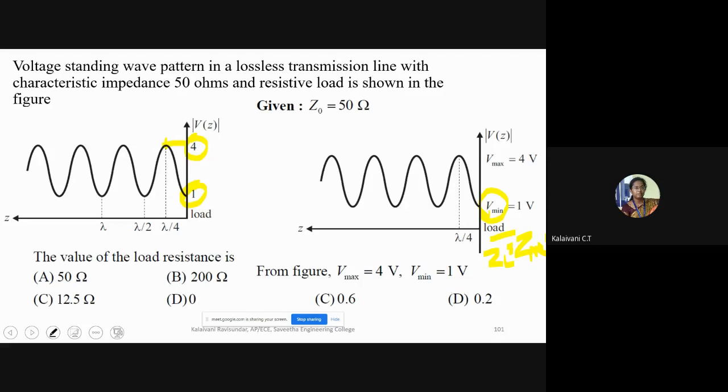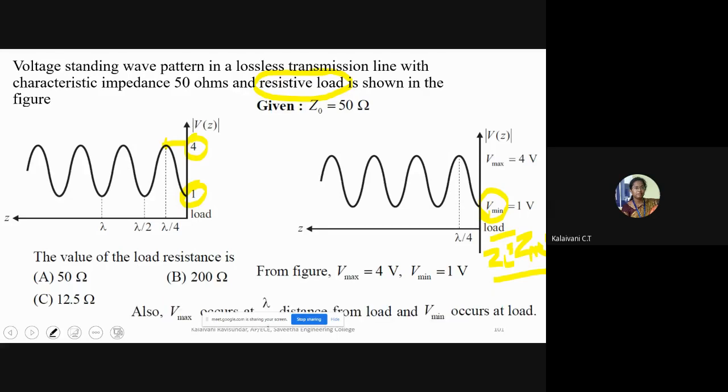We know the equation for Z minimum: Z0 divided by S, or R0 divided by S, will be our Z minimum, which will be equal to our ZL. To apply this, remember the word given here: resistive load. They are given this is a resistive load. We can apply this formula only in case of a resistive load.